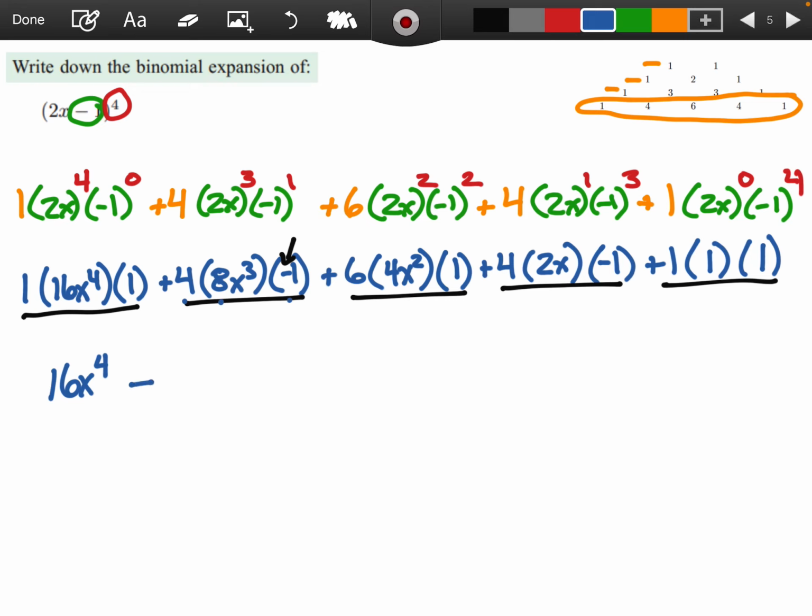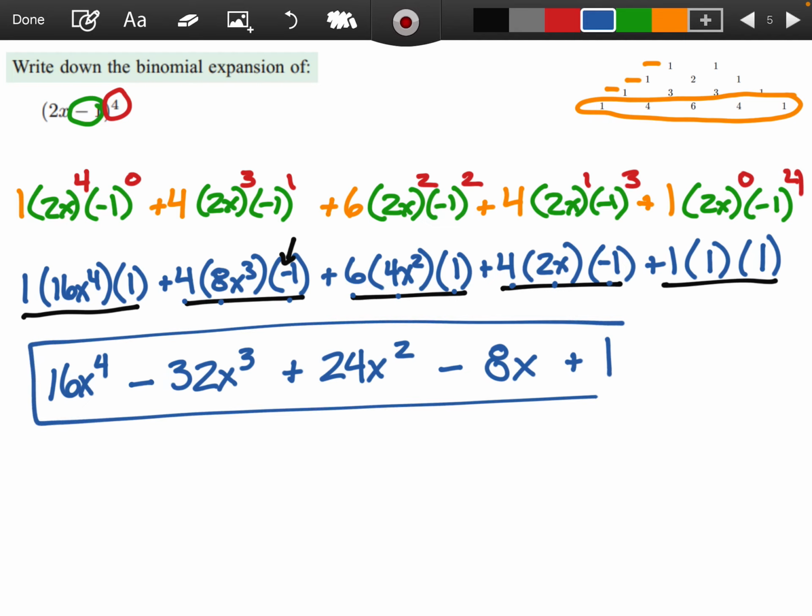So that's going to give me negative 32x to the power of 3. And then the next term, I've got 6 times 4x squared times 1. So that's going to give me plus 24x squared. Next term, we've got 4 times 2x times negative 1. So negative 8x. And then the last term will just be plus 1. All right, and so that is your final answer for this expansion.